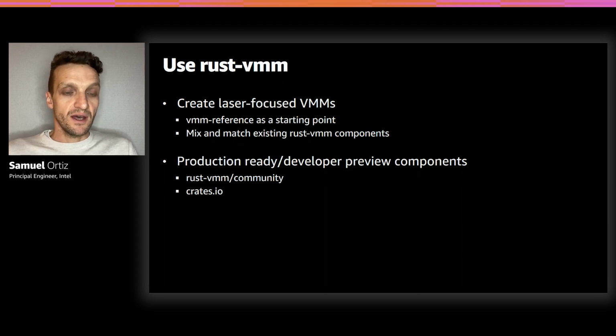Or you can mix and match the existing Rust-vmm components into something very customized to you and start from scratch from the existing components. And if you're looking at which of the components are production ready or not, this is something that we've documented in the community repo on Rust-vmm. And we also have an organization on crates.io that lists the crates that are production ready.